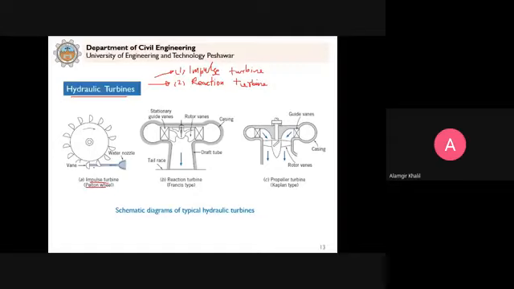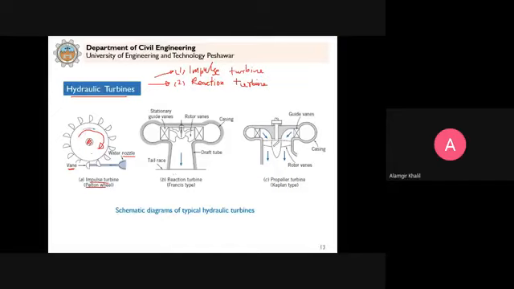In the Pelton wheel or Pelton turbine, we have a nozzle and it produces a high velocity jet. It strikes the vanes or buckets of the turbine, and as a result it rotates. When it rotates, it is connected with the shaft, and it rotates the shaft. And this is how the hydraulic energy is converted into mechanical energy.